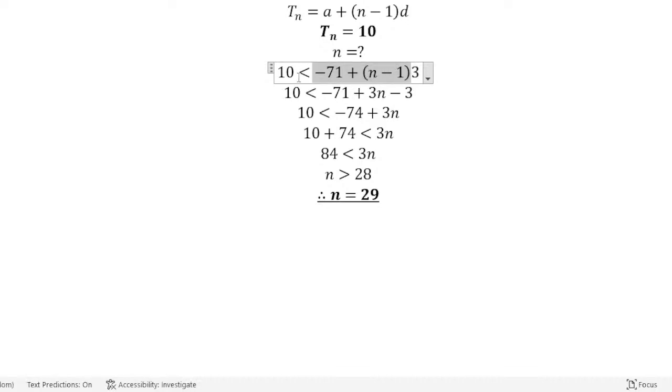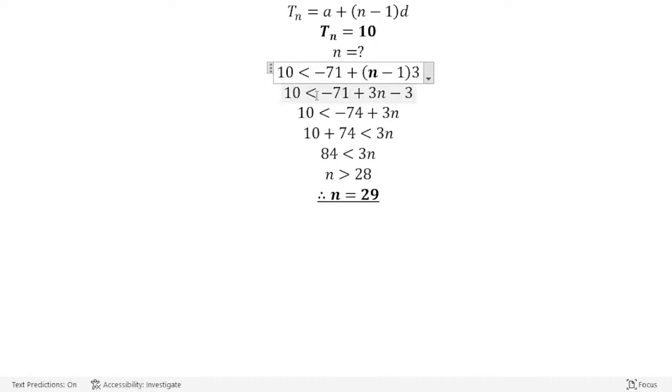In other words, 10 is less than n. Remember, we want n here, and n is on the right hand side. That's why we say 10 is less than, instead of saying 10 is greater than. This reads like this: 10 is less than the general form, or the general form is greater than 10.